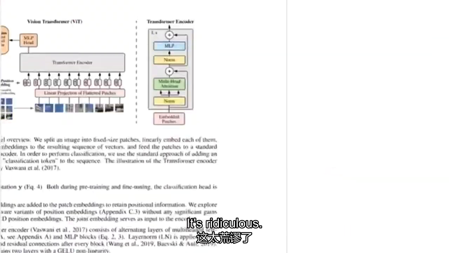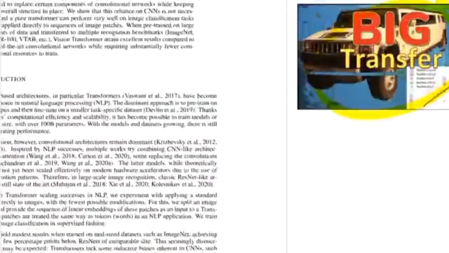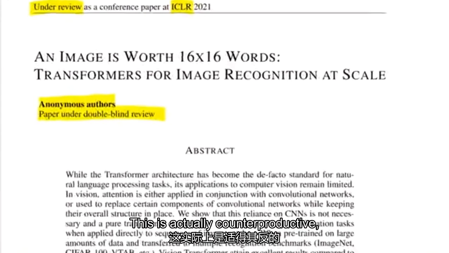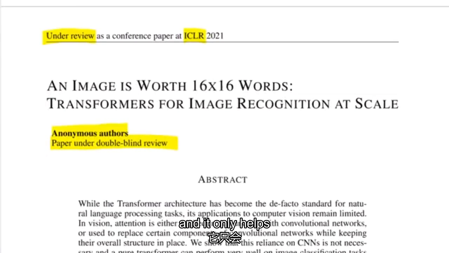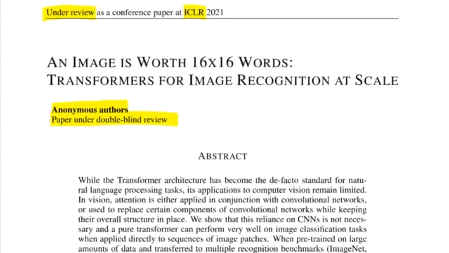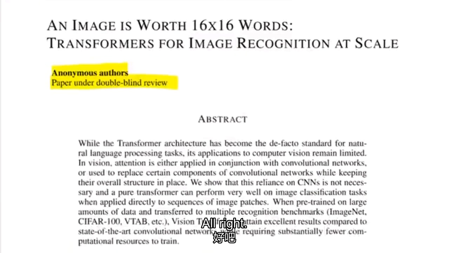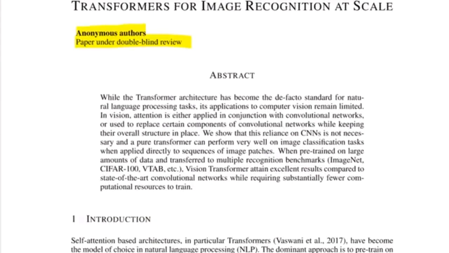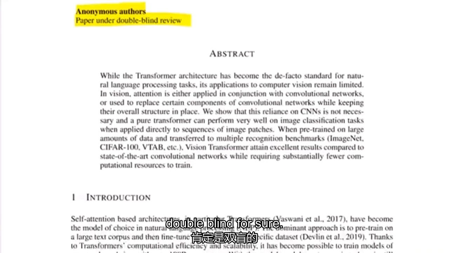It's ridiculous. You can't shield this fake anonymity. This is actually counterproductive, and it only helps the big labs, this anonymity criterion. All right, let's actually dive into the paper after this rant. Well, yeah, don't worry. Peer review, very pristine, very good, very anonymous. Double blind, for sure.